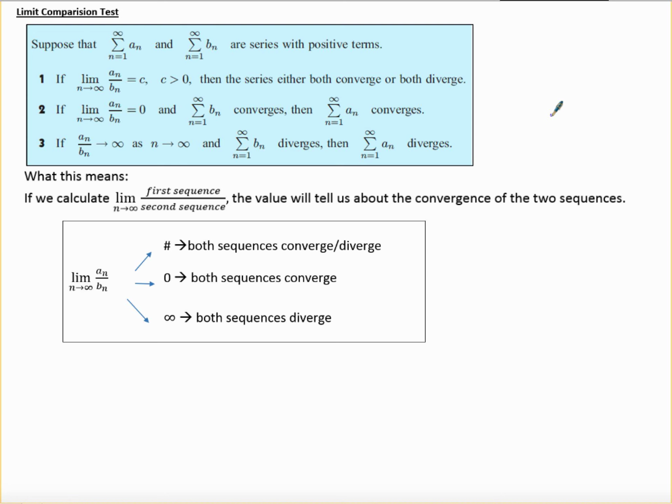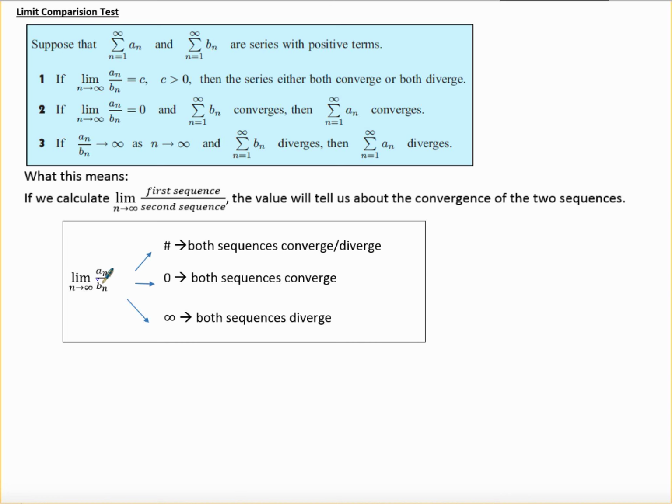Yeah, it's pretty dense. So basically, if we calculate the limit as n goes to infinity of our first sequence divided by the second sequence, that value is going to tell us about the convergence of the two series. If that limit gives you a constant, just a number, then both sequences are going to converge or both are going to diverge.